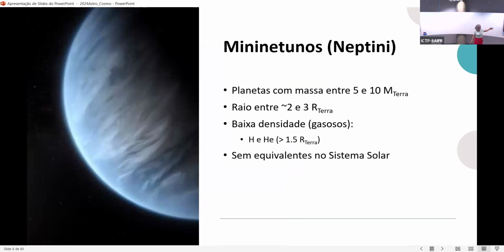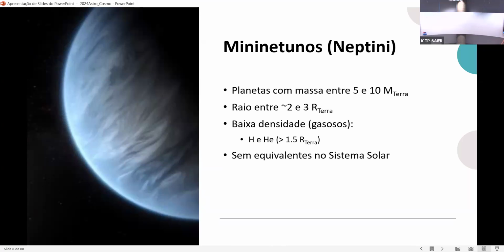Some people have coined this, but some people call them that. So the planets with masses between, remember, Jupiter is above 100 Earth masses, here between 5 and 10.